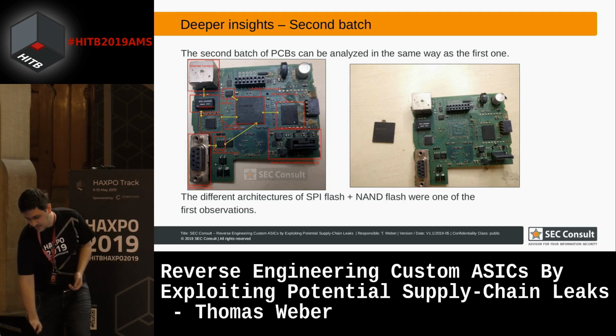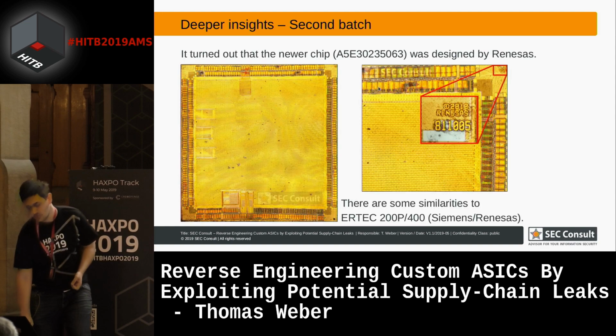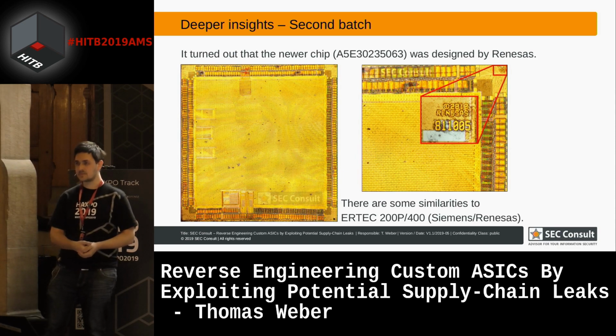There's also a NAND flash. The SPI flash just contains the bootloader, so it was not so much code, but it was enough to see which architecture, which CPU architecture at least, was used. And it was produced by Renesas and not Fujitsu this time. So that's also the newer series of these logic devices.